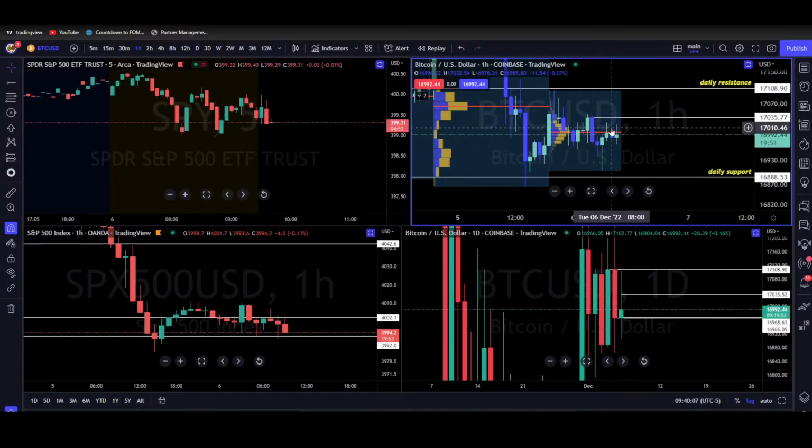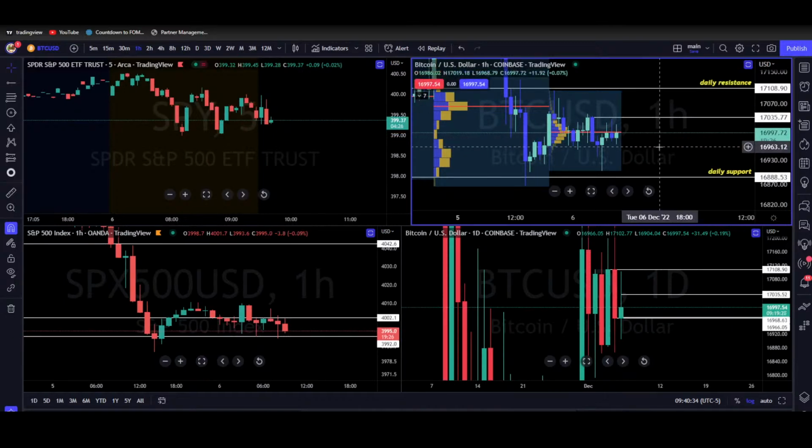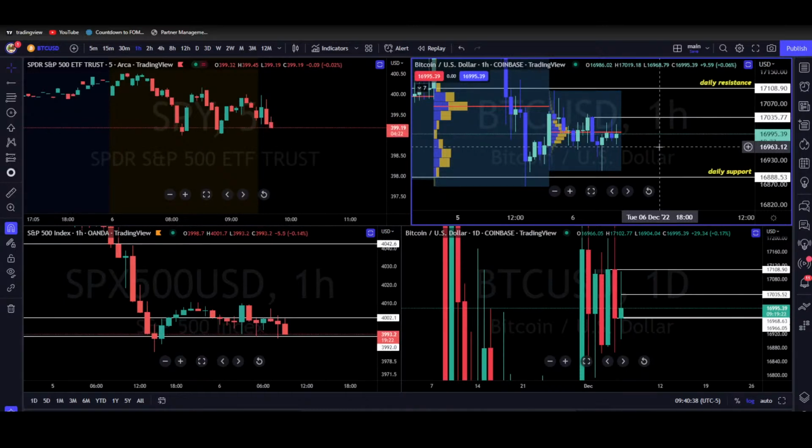A 1% move on 20x leverage is a 20% gain to your portfolio, regardless of how many dollars Bitcoin moved. Okay, that's how leverage works. A 1% move on 20x leverage is a 20% gain.